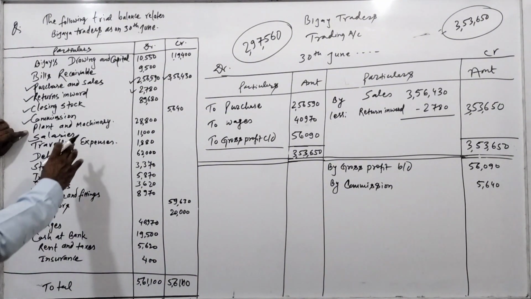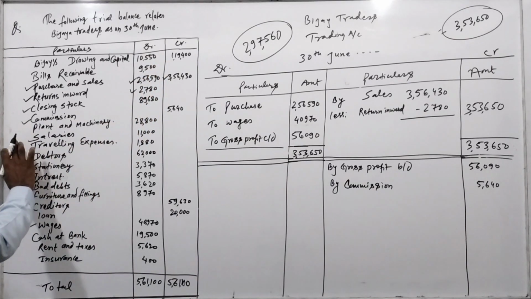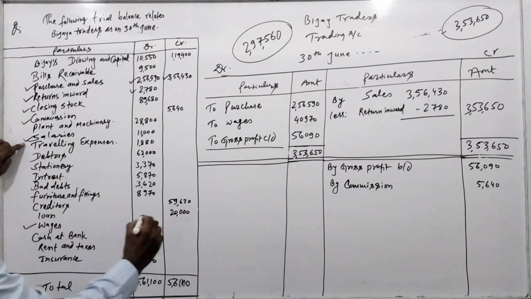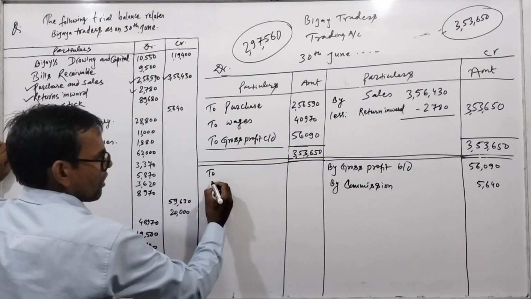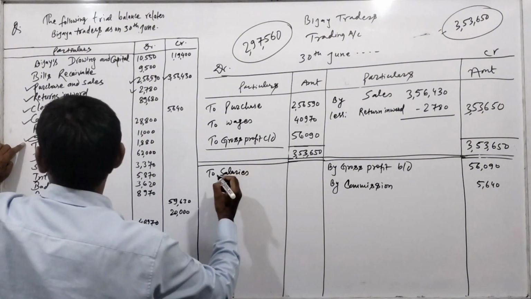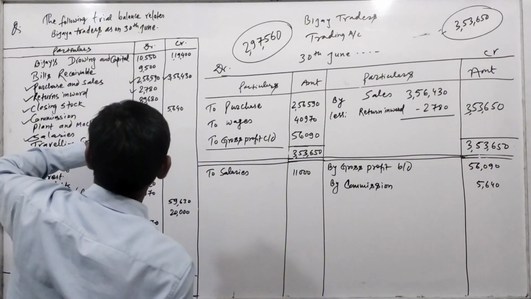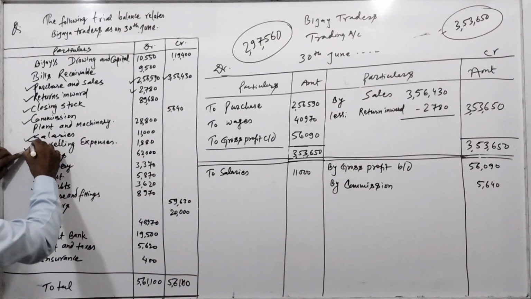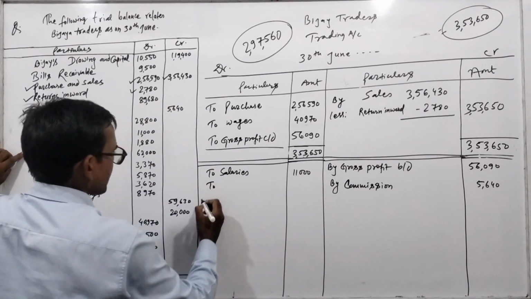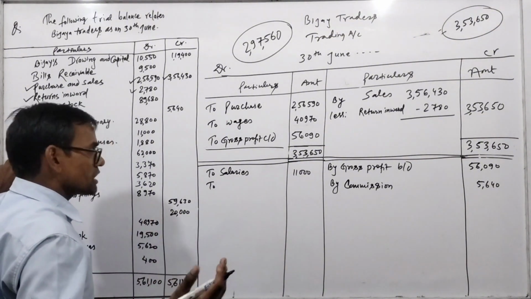Plant and machinery is an asset, sent to the balance sheet. Salary, yes, salary is office expenditure. So you have to write here salaries. What is the amount of salaries? 11,000. You have to write here 11,000. Traveling expenses, yes, it is selling and distribution expenses, or maybe office expenditure.